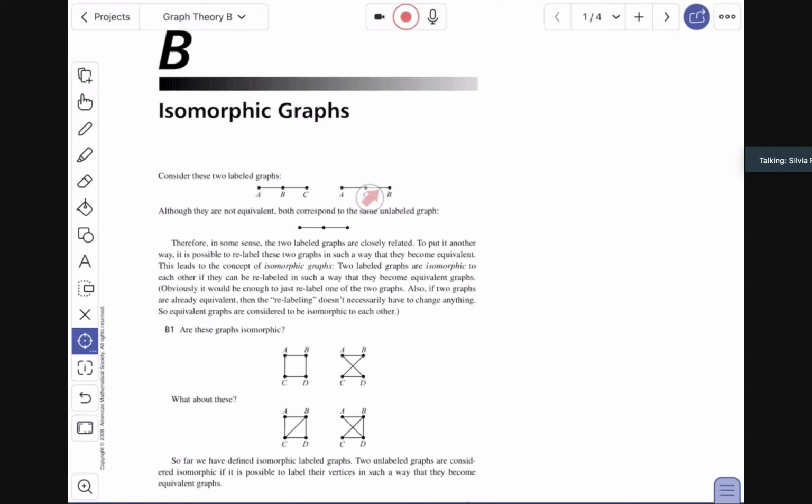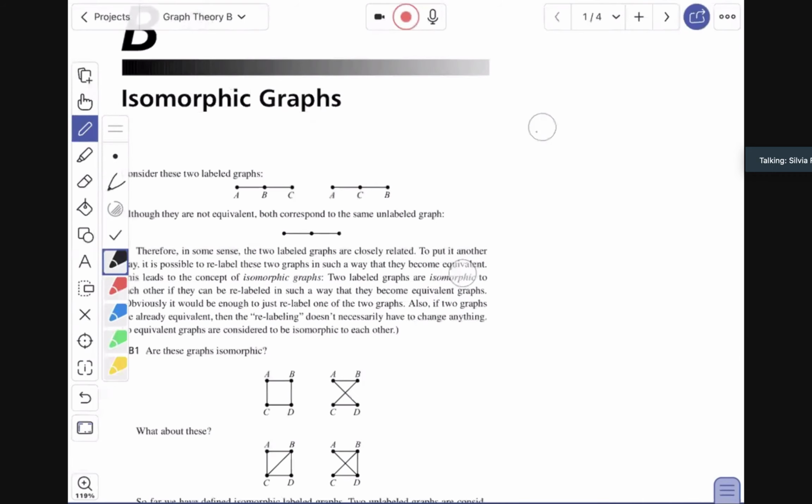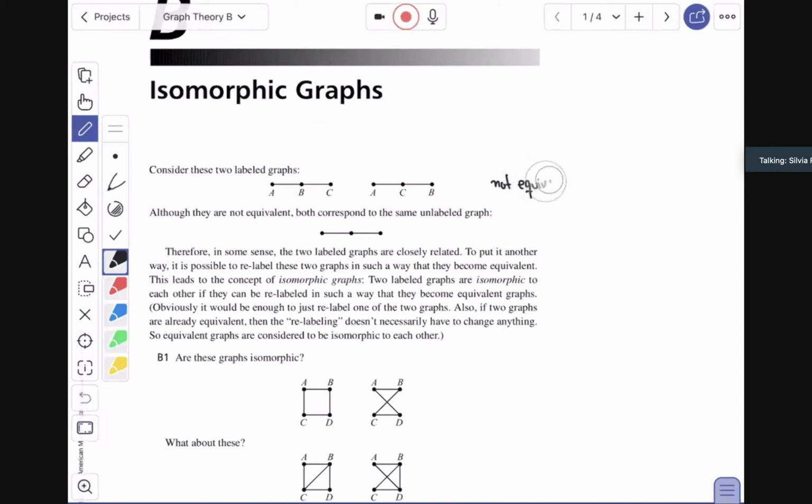in the sense that we defined them before, right? So these 2 are not equivalent, as it says below, but I want to say why. Not equivalent because A is adjacent to B. I'm trying to use more vocabulary.